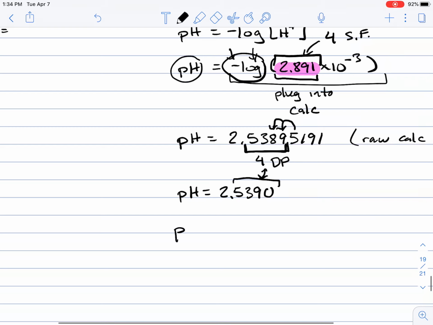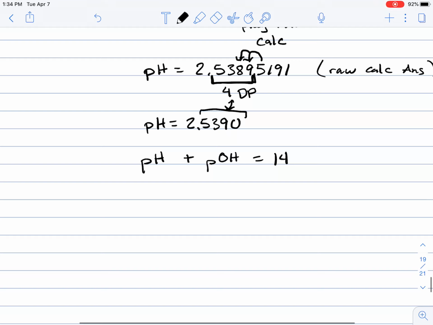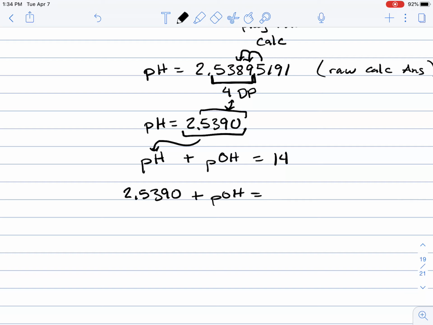Since pH plus pOH is equal to 14, I'm going to take this value and plug it in for pH. That's going to give me 2.5390 plus pOH is equal to 14. And to solve for pOH, I'm going to subtract that same value on both sides of the equal sign.